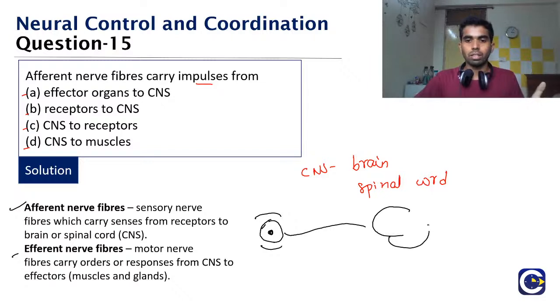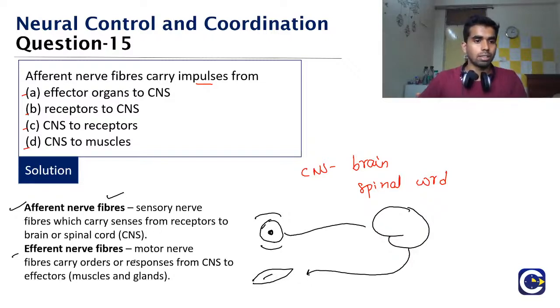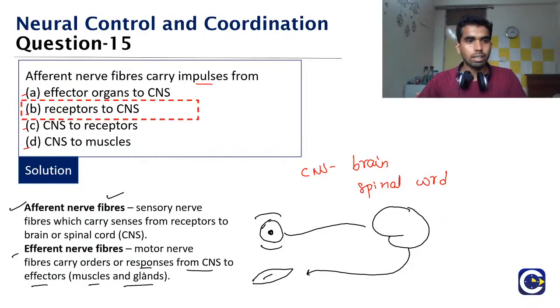And this fiber that travels from the sensory organ to the brain is known as the afferent nerve fiber. And the other fiber that travels from the brain to the effector organ, suppose I am talking about the muscle, will be known as the efferent fiber. It will carry the responses from the CNS to the effector. The effector can be a muscle or a gland. So the correct answer is option B, from receptors to the CNS.